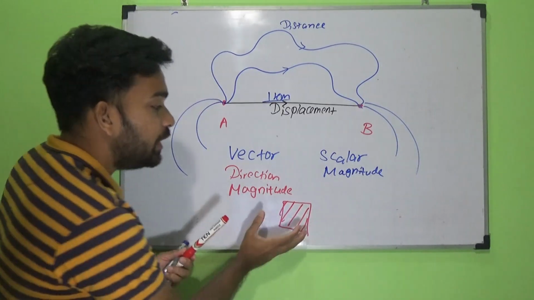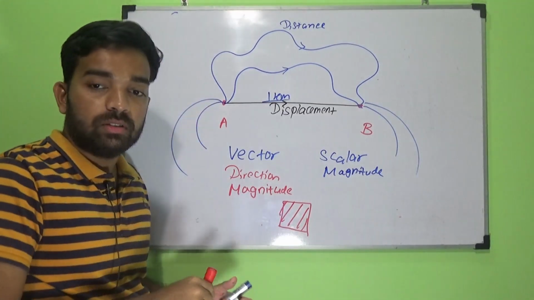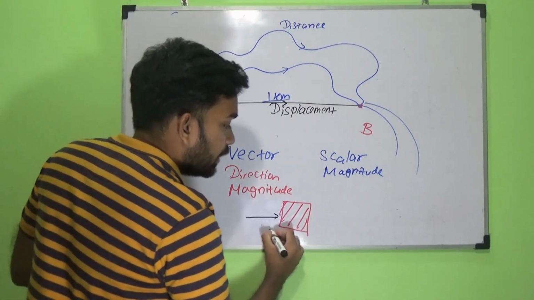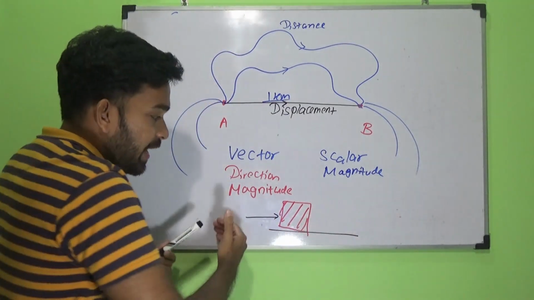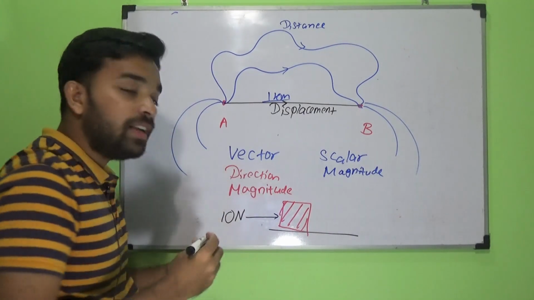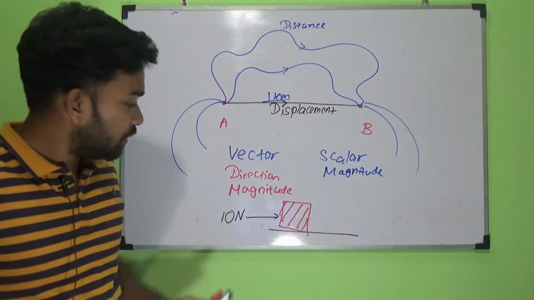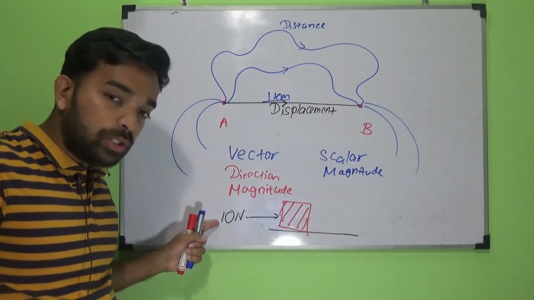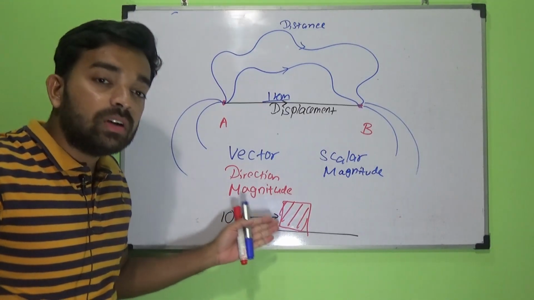You want to move this box to this direction. So you are applying a force to this direction, right? There is a direction, and let's assume we have a value for that, 10 newtons. So there is a value which means a magnitude and as well as a direction.